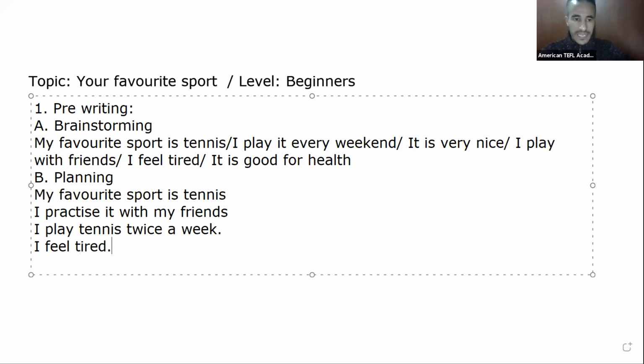Perfect. Now, once they finish with planning, remember, when we teach writing, we don't teach only the sentences, but we teach them what? We teach them the linking words. So you can help them. I want you to use these linking words. What are the linking words?